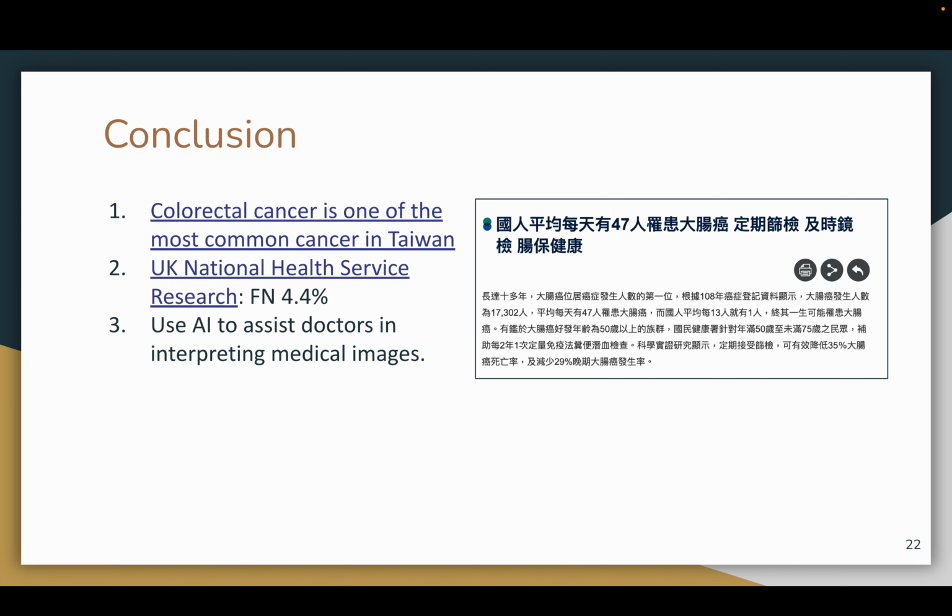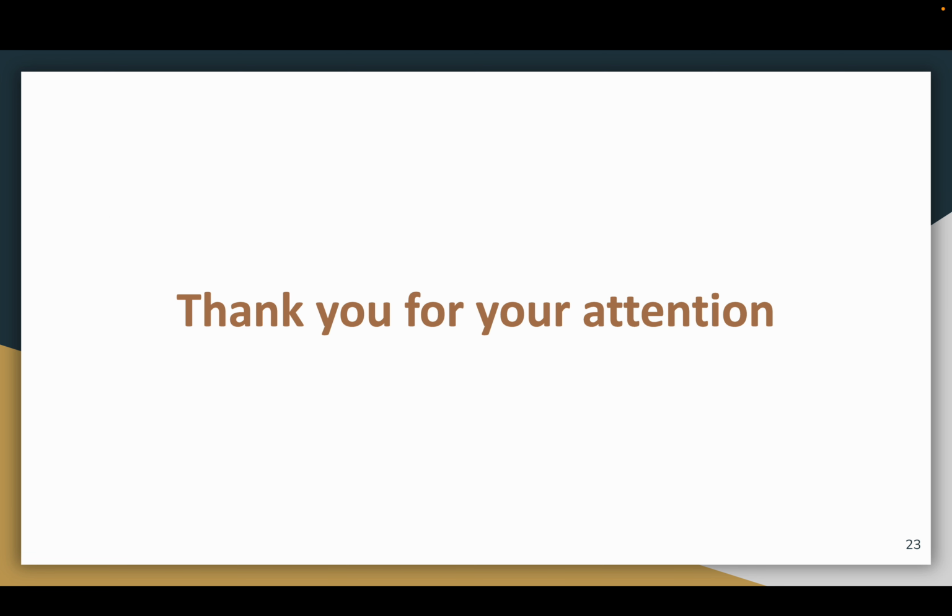So we want to use AI to assist doctors in interpreting medical images. We found that AI can perform very well on classification and segmentation, so we believe that this experiment can help doctors to perform well. Thank you for your attention.